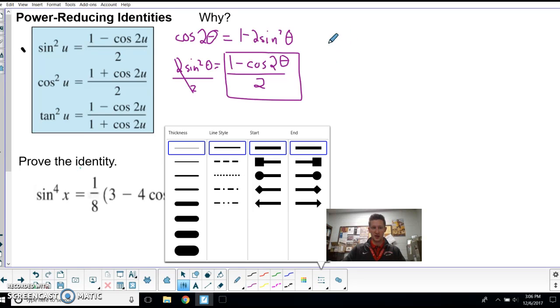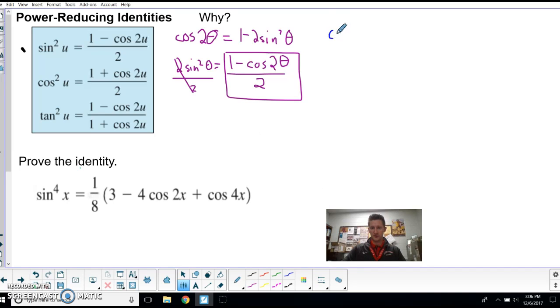So if I do the cosine squared, let's say I wanted to work with that one. If I remember that cosine of 2 theta, using again the double angle identity for cosine, that's also equal to 2 times the cosine squared of theta minus 1. And if I were to work that out, I would probably add 1 to both sides.